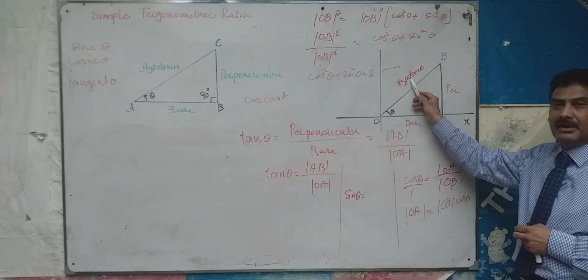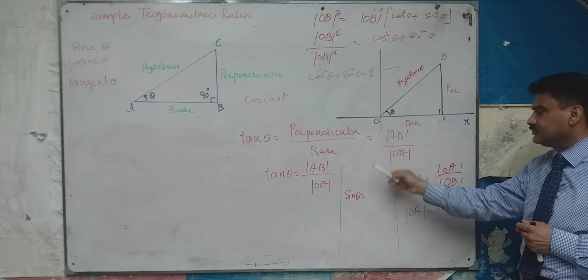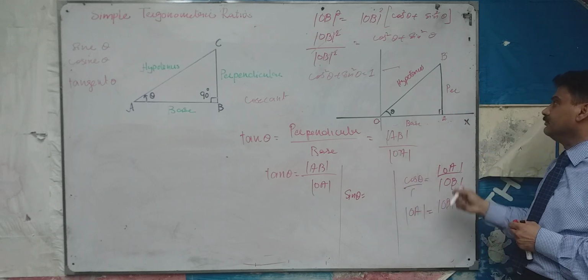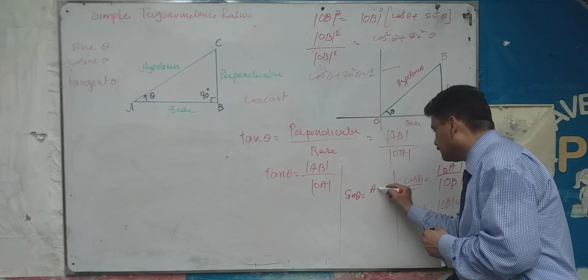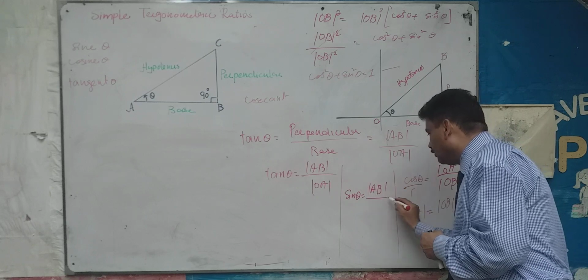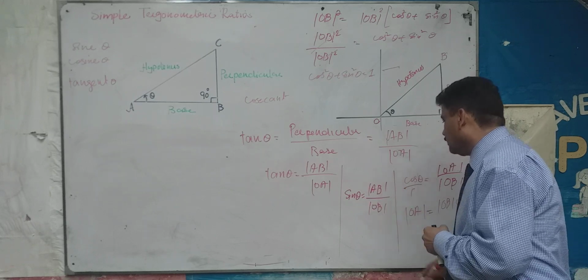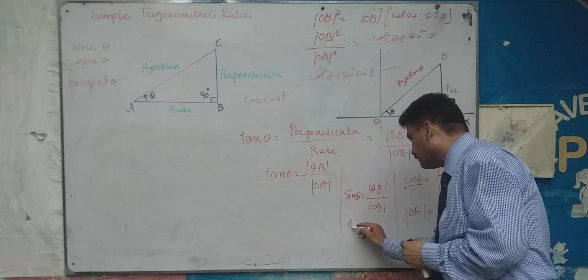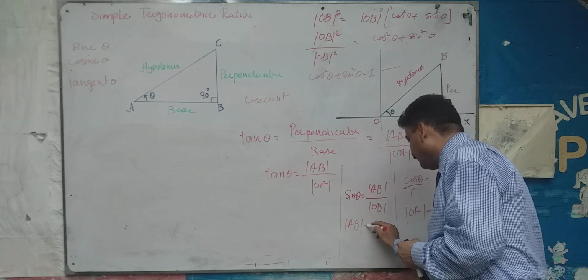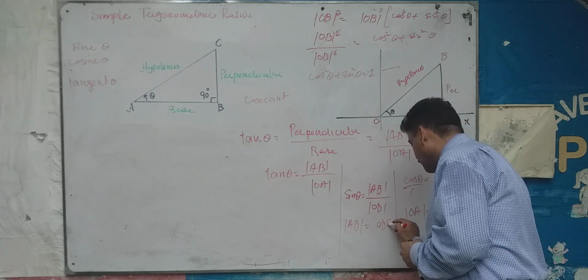Sin theta is equal to perpendicular over hypotenuse, meaning AB by OB. The value of AB from here is equal to OB sin theta.